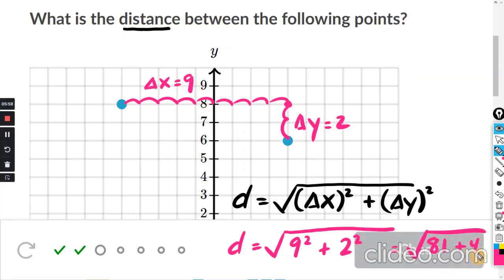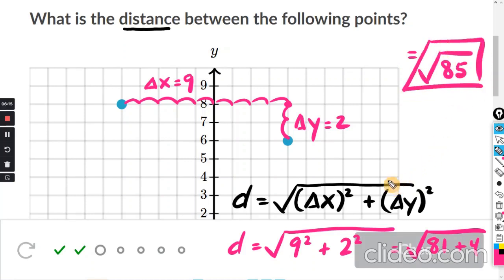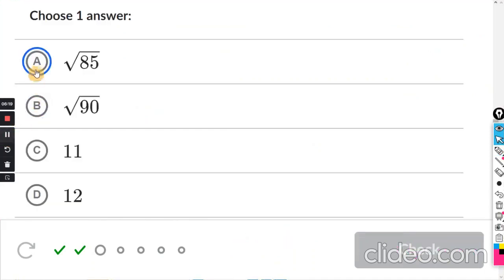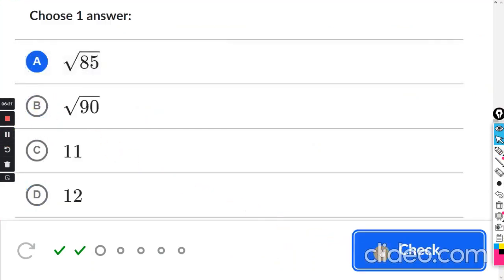And 81 plus 4, I'll have to write it up here. 81 plus 4 is going to give us 85. But we want to keep that square root symbol. So it's going to be radical 85. I can't take the square root of 85 without getting a decimal. Answer A, radical 85.